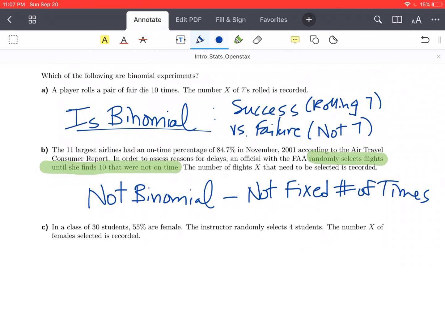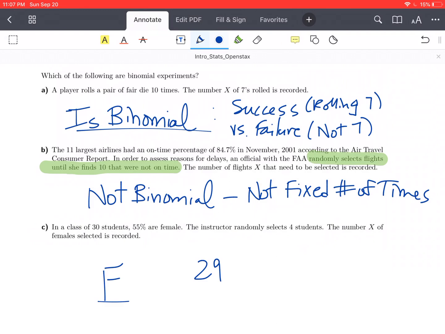Are the trials independent of each other? Well, in this case, we have a class of 30 students, and 55% of them are female. So does the outcome of one of these choices, since they're selecting 4 students at random, affect the others? Actually, it does, because they're pulling from the same 30 students. If I pull someone who's female first, now I only have 29 students left in the class to choose from, which means I have changed the probability of the second trial.